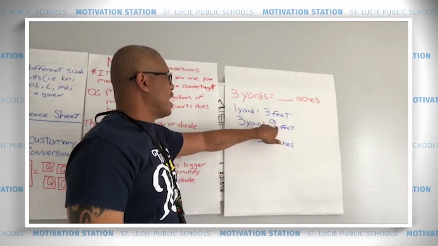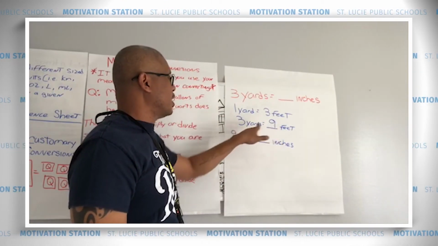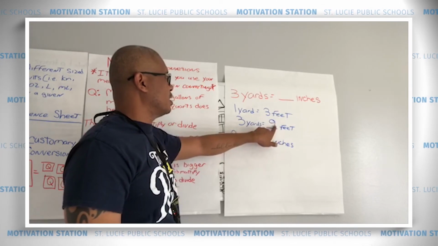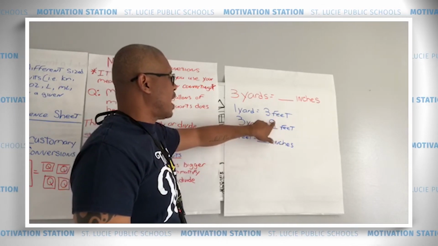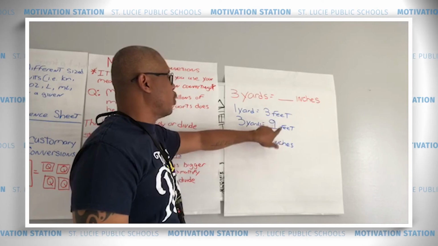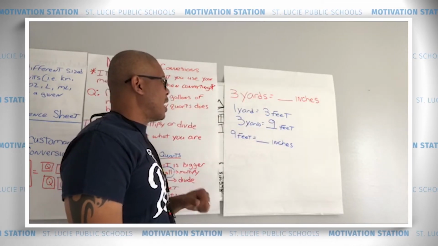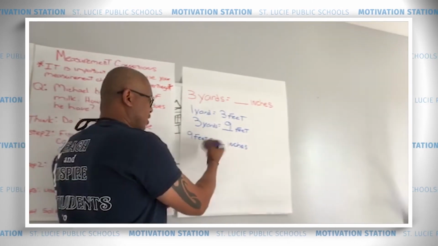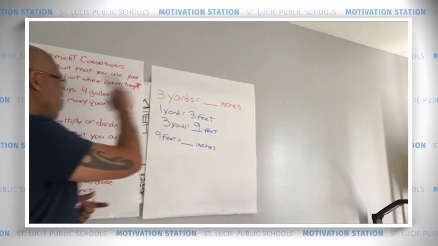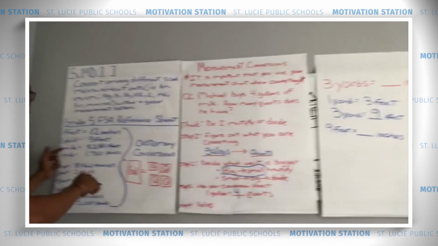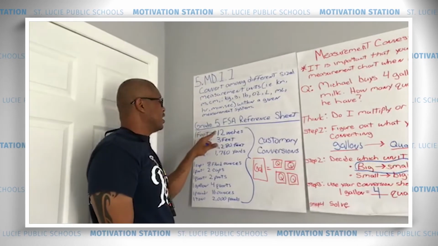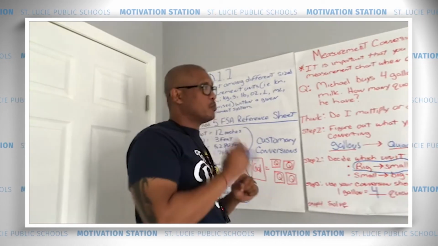That means that 3 yards is equivalent to 9 feet. So whatever 9 feet equals in inches is equivalent to that of yards. So now, how many feet? Now I ask myself that question. Go back to my reference chart. 1 foot equals 12 inches.